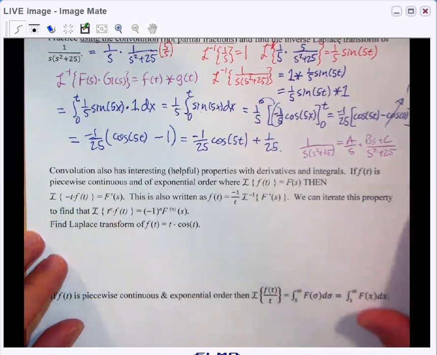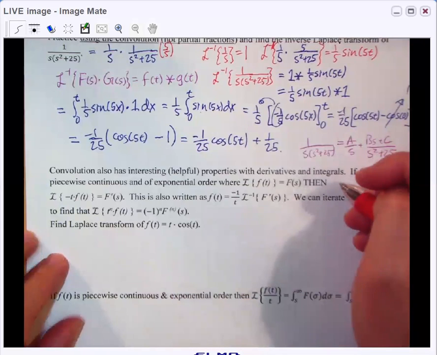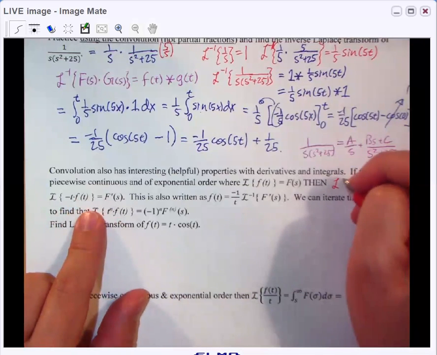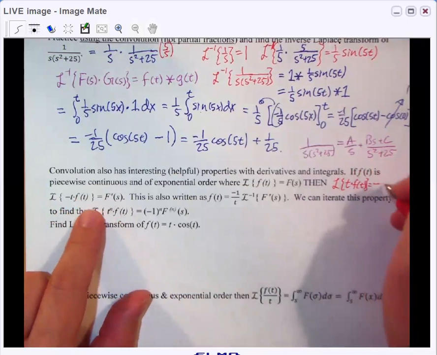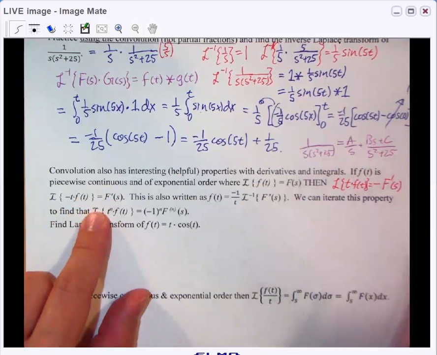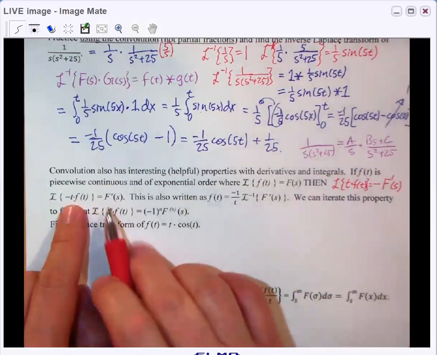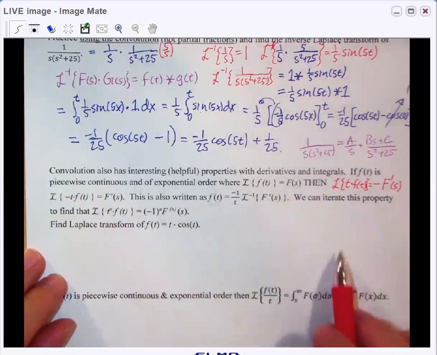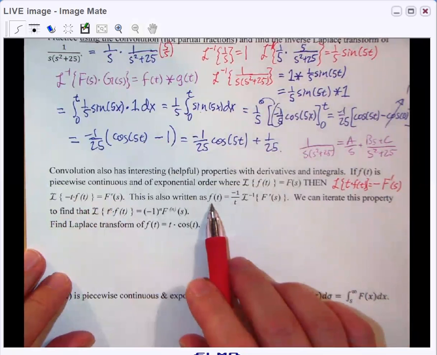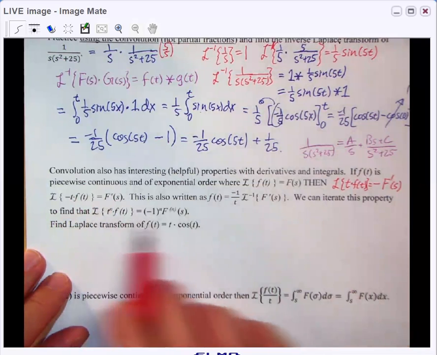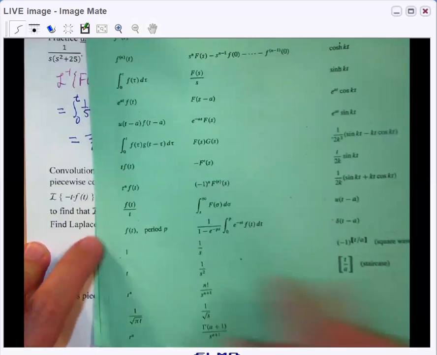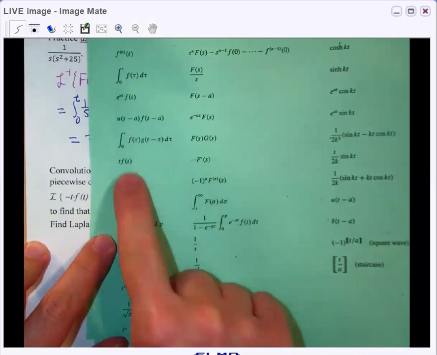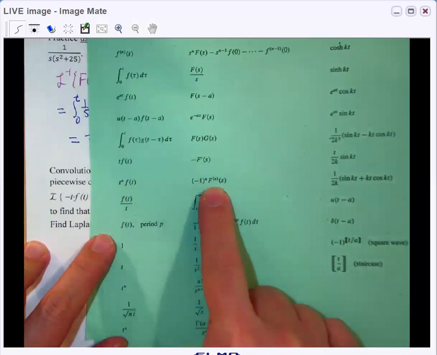Now sometimes, because the Laplace transform is linear, they will multiply both sides by a negative 1 and say that the Laplace transform of t times f of t is equal to negative F prime of s. Occasionally we'll even solve this for f of t, and then iterate that property to get this one, and you'll see that that actually is on our handy dandy table of Laplace transforms. So here's our convolution, here's that property, and here's the iteration of it.